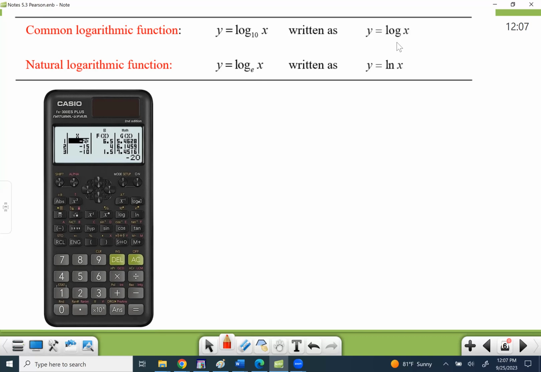We just write log, and everybody just has to know that there's a 10 down there. Now, to differentiate it from log base E, which is also used a lot, we write this one as natural log. This ln is backwards, log natural, just because the guy who came up with logarithms, Napier, which I believe is French, some Latin-based language.